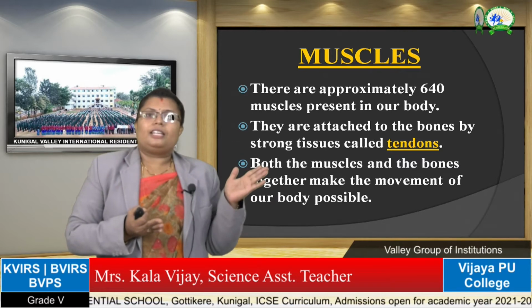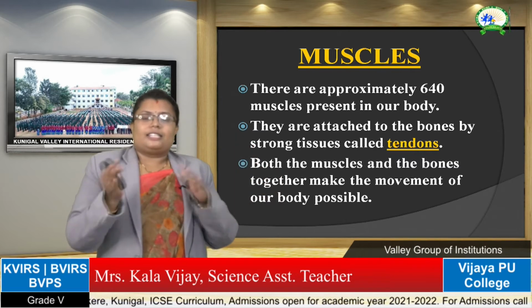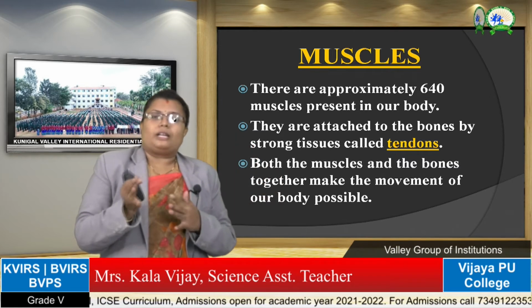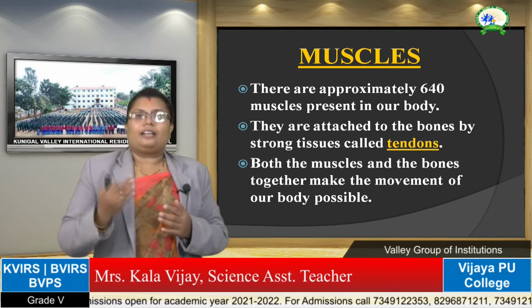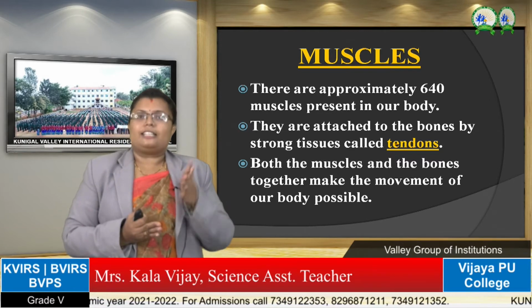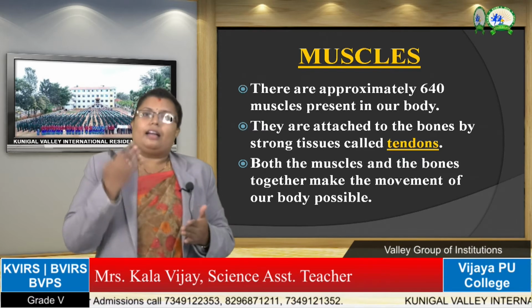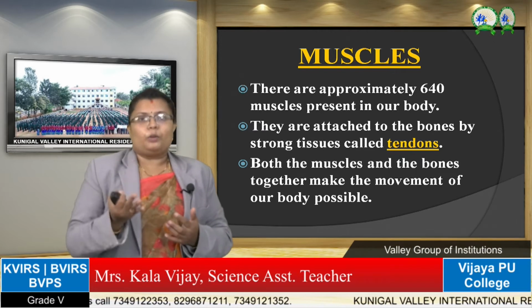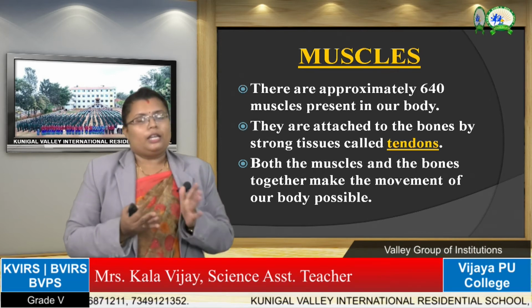When you were learning about the bones, you learnt about cartilage and ligaments. They connect the bones to one another and protect the bones. Likewise, the muscles are connected to the bones by strong tissues called tendons. Muscles along with bones together make the movement of our body possible.